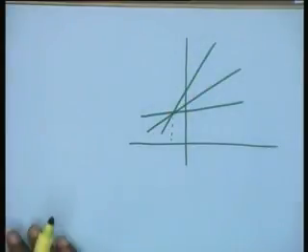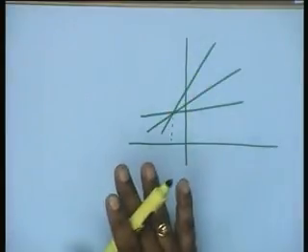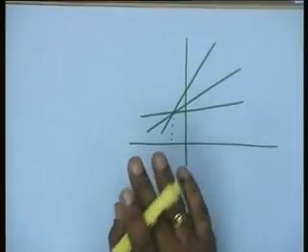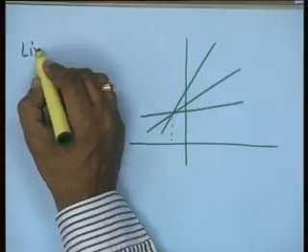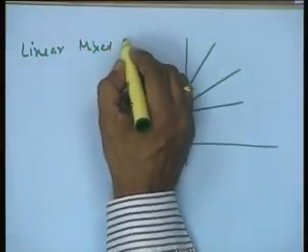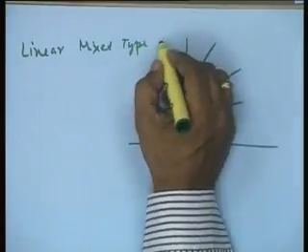Such a situation can be considered as something away from ideality. There are mixed types of inhibition, and one of the most commonly observed mixed types is what we call linear mixed type inhibition.